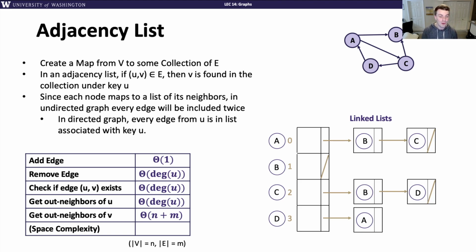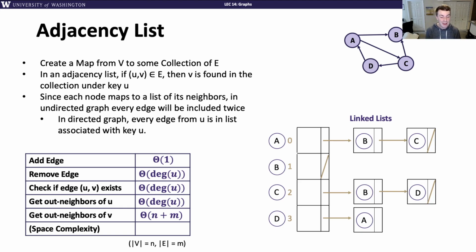So I'm going to need to go to each bucket and scan through its whole list to find any A's there to find all the nodes that point to A. Since there are n vertices, n nodes, this loop over the buckets, 0, 1, 2, 3, is going to take n time. And then over all of those buckets, you're also going to have to loop over every edge in the graph. You have to check all of the edges coming out of A, all of the edges coming out of B, all the edges coming out of C, etc. In total, that's going to end up being m edges you have to check.